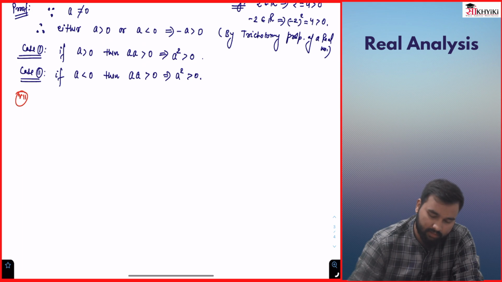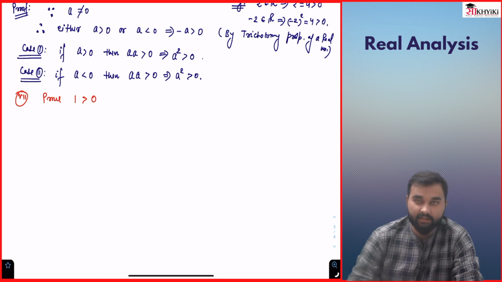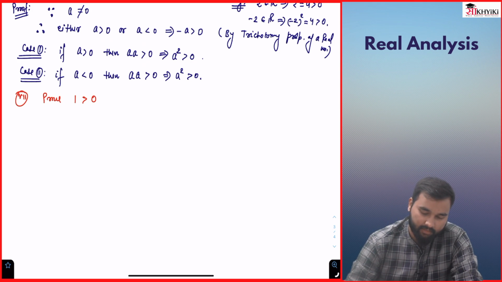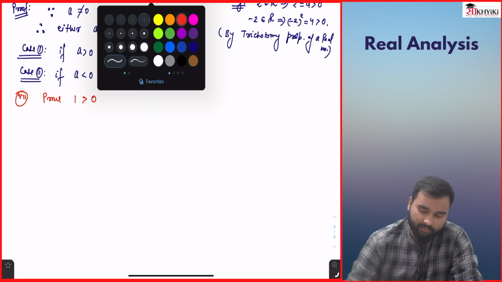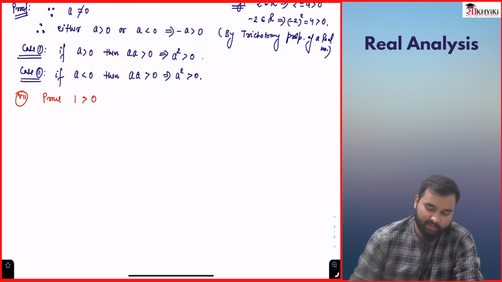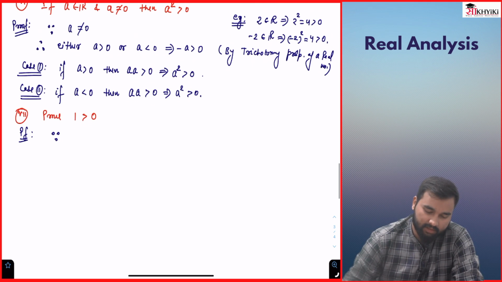Seventh property, we have to prove that 1 is greater than 0. I know it is obvious, but yes, we have to prove this. Now apply the above result, the sixth result.